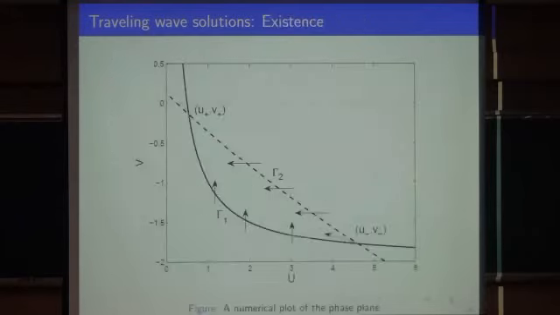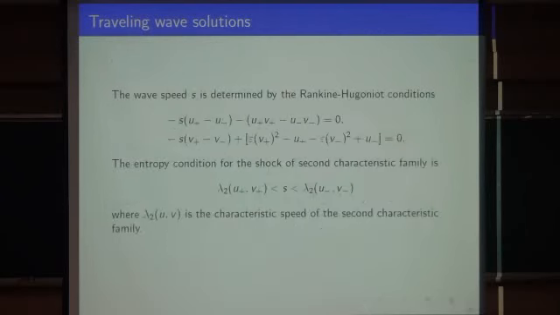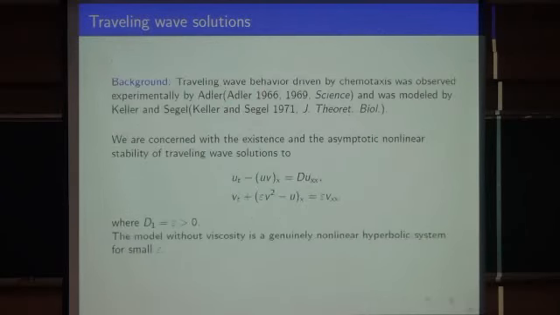So this is the problem we are talking about. Here is the system of equations, and then we have a pair of initial data, U0, V0. U0 is a small perturbation of the traveling wave, and V0 is a small perturbation of that traveling wave.